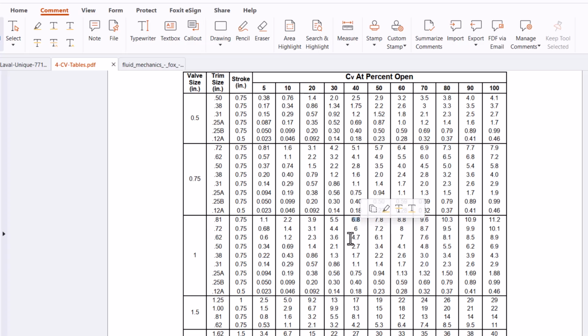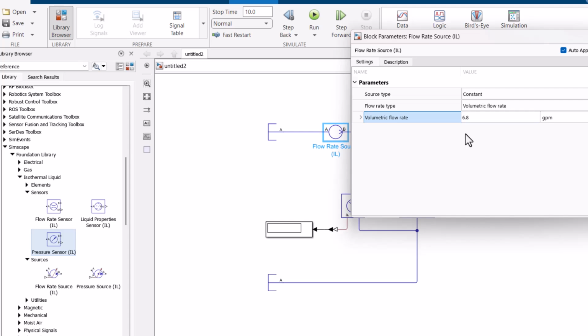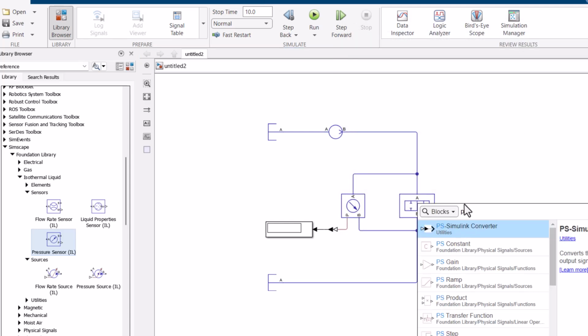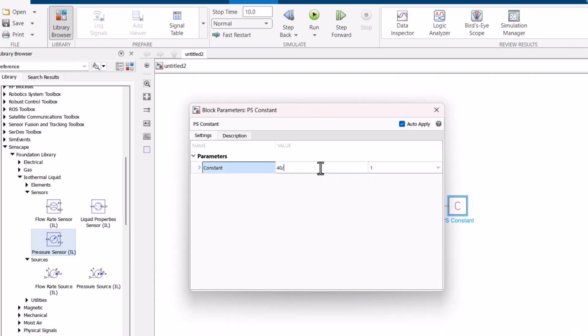That is what I'm going to test right now. I set the flow rate to 6.8 GPM and I set the signal by a PS constant block. I want it to be 40% open, so it is 40% of the 100% open spool position, which was set to 0.75. And the unit has to be in inches. It is so important to change that.